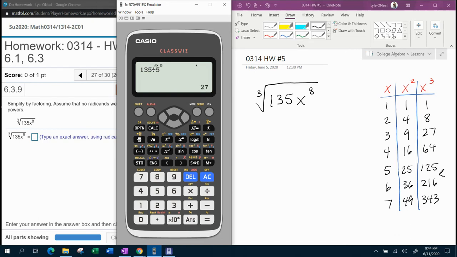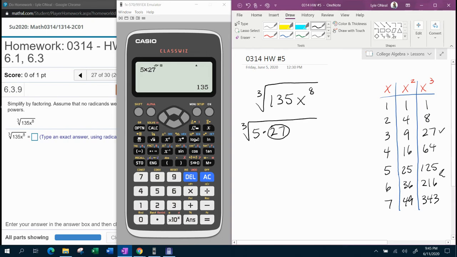And it's 27. Oh, and notice this, 27 is one of my cubes. So what that tells me is I can rewrite the cube root of 135 as the cube root of 5 times 27, because 5 times 27 makes 135, okay? And now I've broken off a piece that I can cube root.